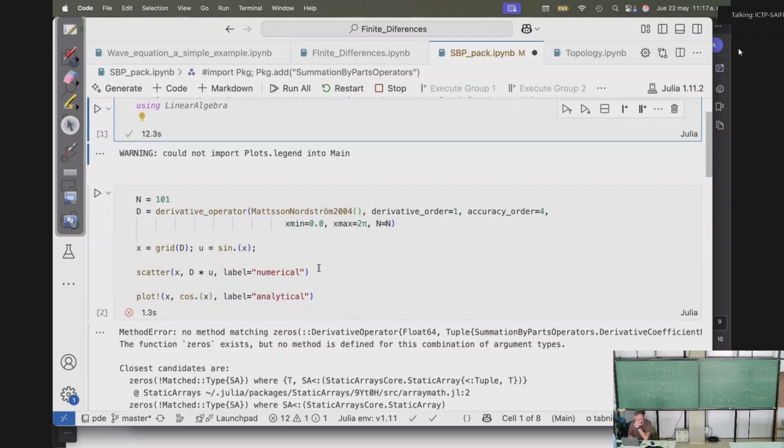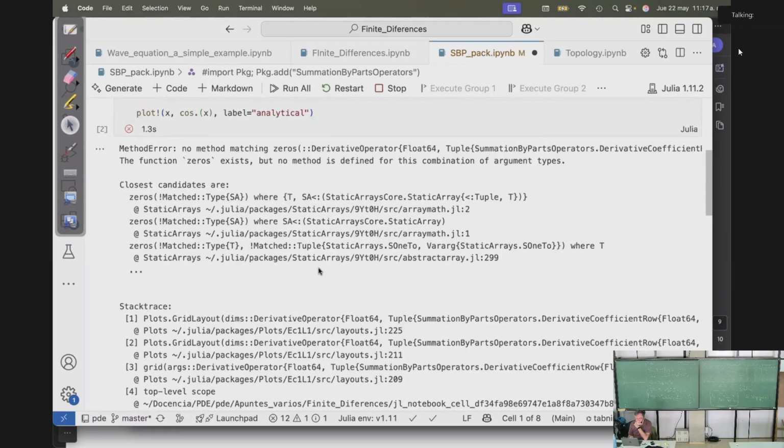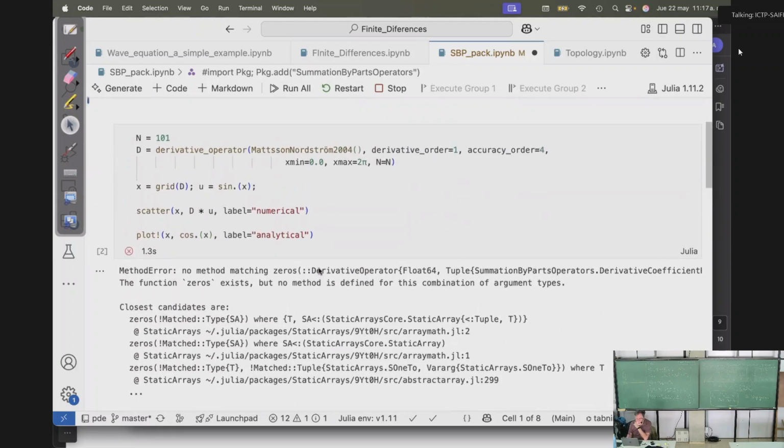Why is it doing all these things? This was working okay. It's the derivative operator.